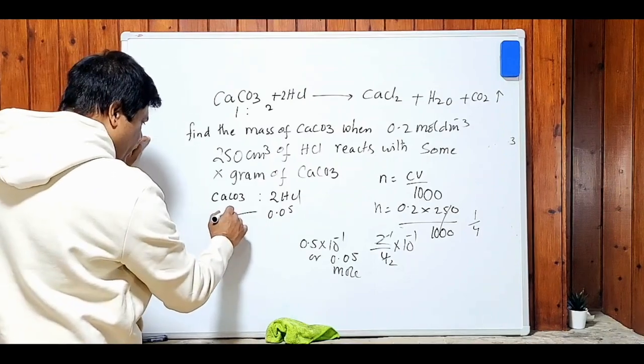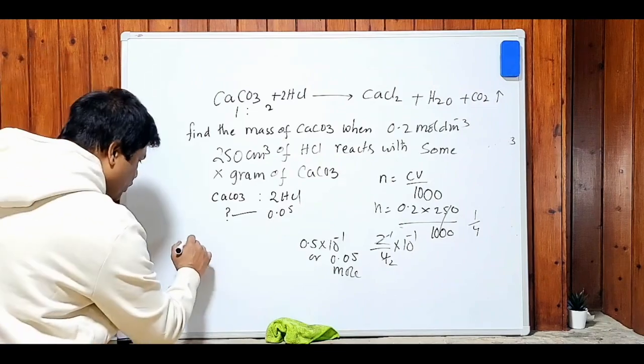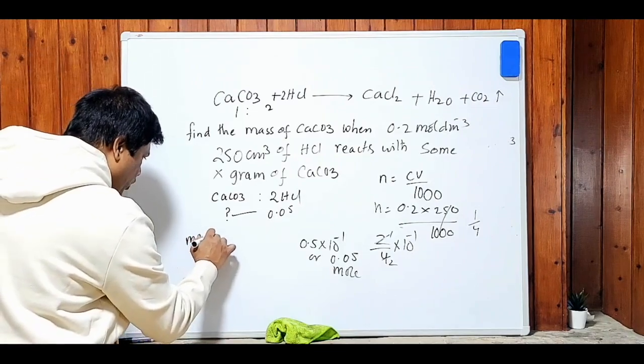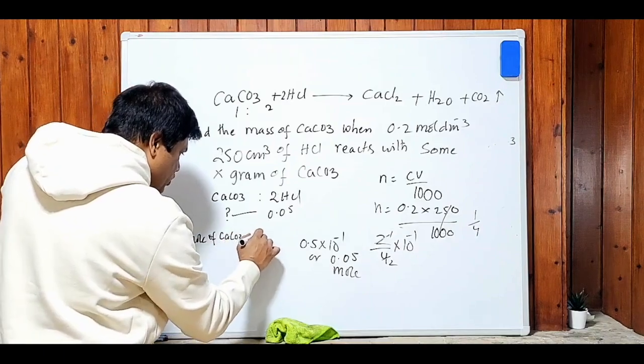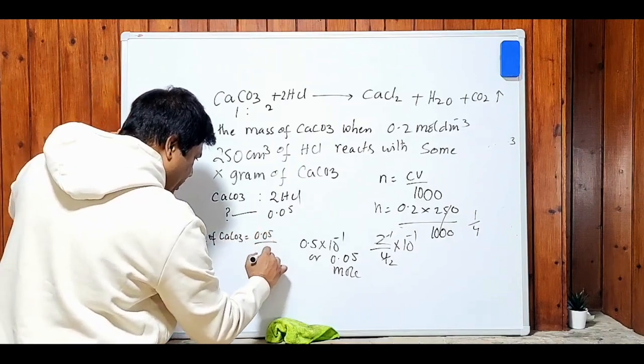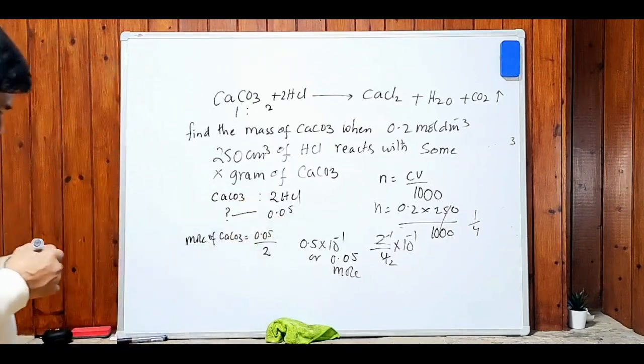Yeah, you have to work out the mole of CaCO3 first. So mole of CaCO3 is nothing but 0.05 divided by 2. Is that okay, guys? Yeah, so we have to divide this by 2. Okay, then.